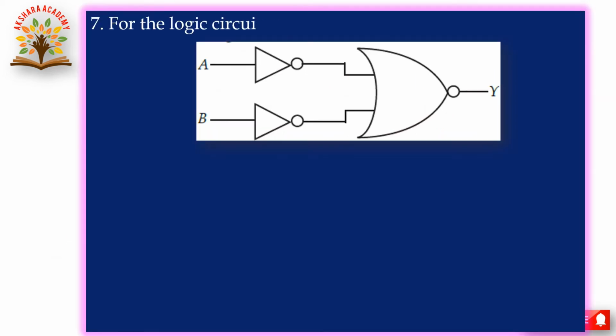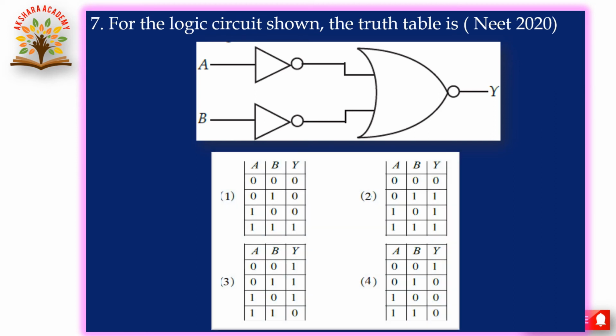For the logic circuit shown, the truth table is, now see this, these are the truth tables 1, 2, 3, 4.